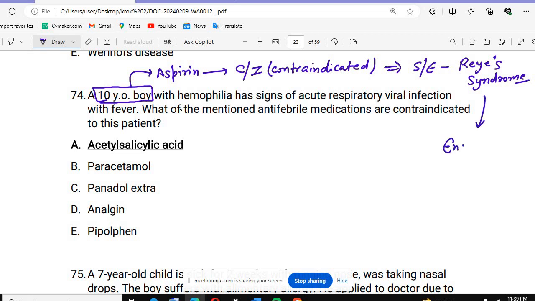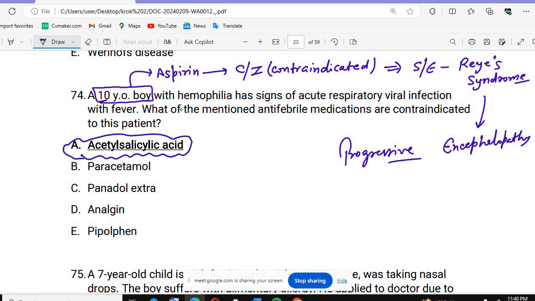The patient will have encephalopathy, progressive encephalopathy will be seen in these conditions. That's why patients should not be given acetylsalicylic acid. Another name for this is aspirin.